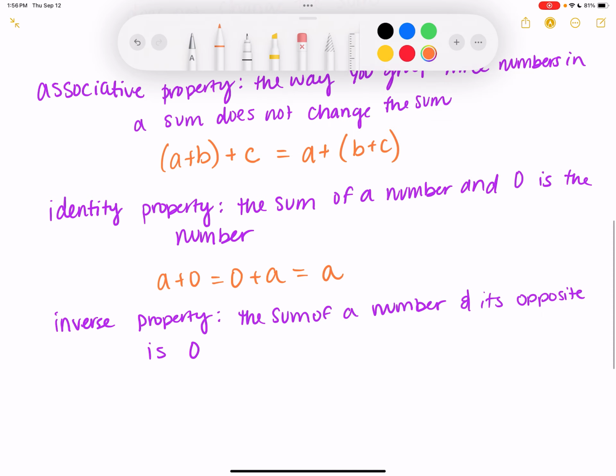So that says A plus negative A is equal to negative A plus A, which would just be equal to 0. So if I take the number and add its opposite, which is just the negative of that number, or if I started with the negative, the positive of that number, then I add those two together, then that's just equal to 0.